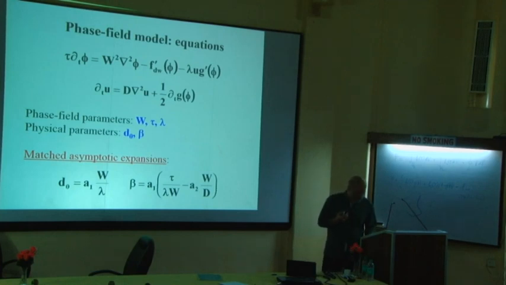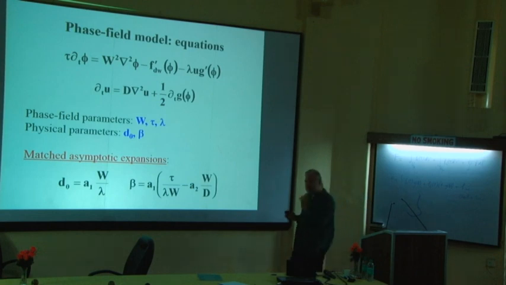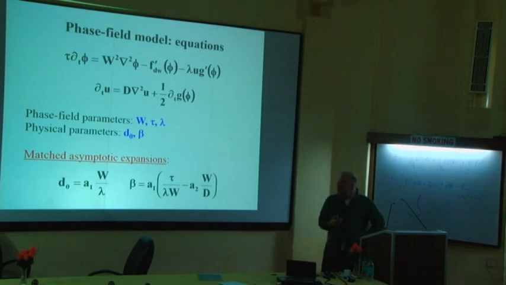I will just try to illustrate this, because you can exactly relate, at least in many cases, the phase field parameters to the physical parameters with the help of a mathematical technique that is called matched asymptotic expansions. Okay? So I show you the result here, and then I will comment on what it is.